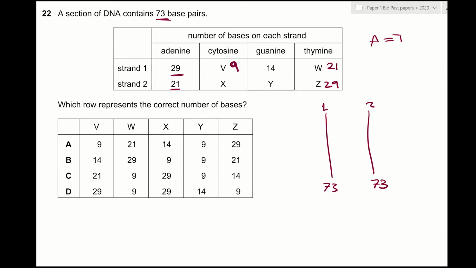Now, because we know that guanine is going to be 14 in strand number 1, the cytosine in strand number 2 is also going to be 14. Then we follow the same method. We add 21 plus 14 plus 29. This gives us 64. Then 73 minus 64 gives us 9 also. Therefore, the only answer which fulfills this criteria is going to be A.